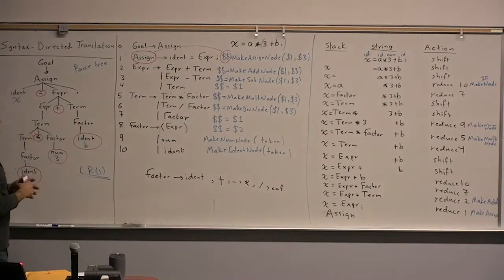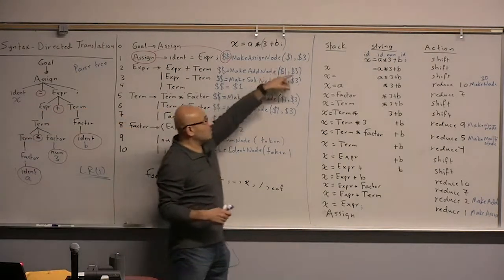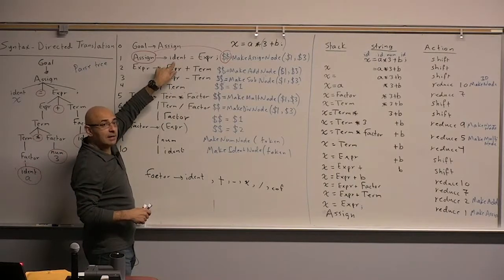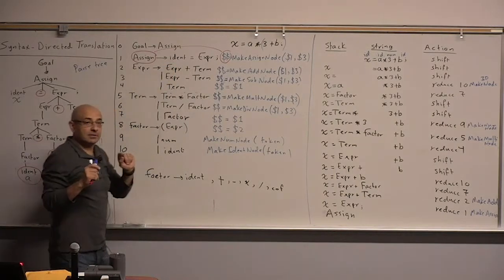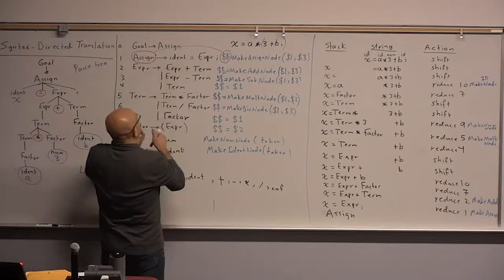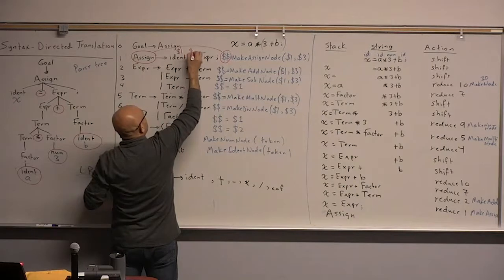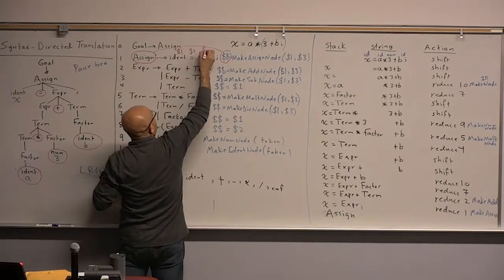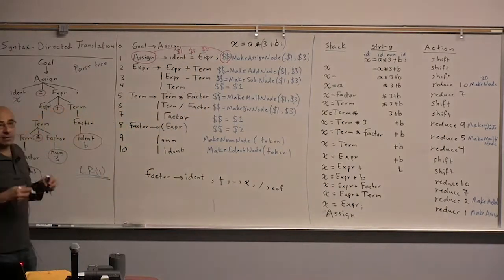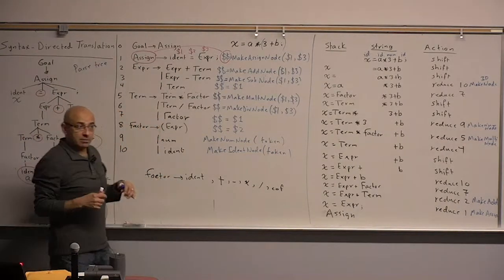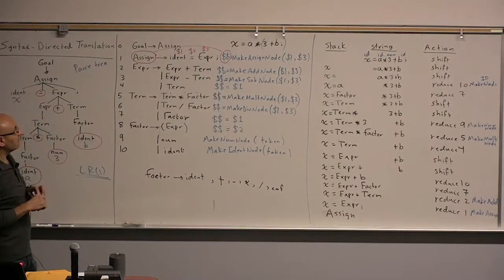And the $ with a number, $1, $2, $3, correspond to the symbols on the right. Make sure that you count all the symbols. So this is $1, the equal sign is $2, and the expression is $3. Every symbol counts, and a symbol could be a terminal or a non-terminal. OK?